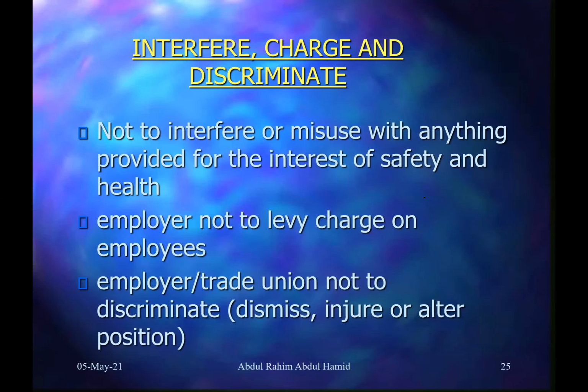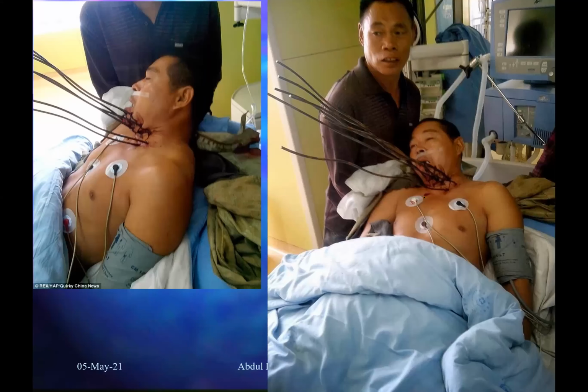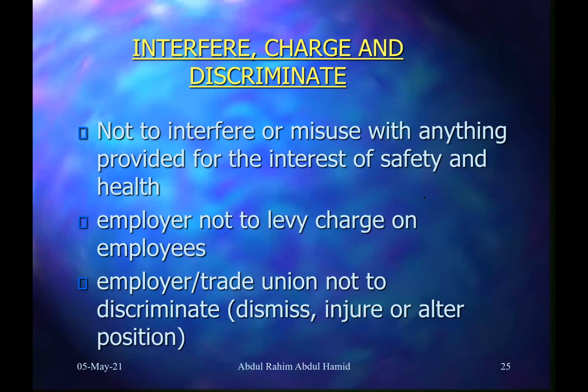If the authority knows, then they will come after you or after the construction site, and they will investigate and come up with the causes. You could be charged, either you yourself as a worker because of negligence, or the employer themselves can be charged due to not providing all kinds of PPE or a safe system of work.